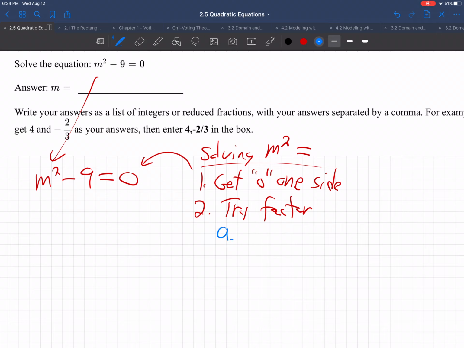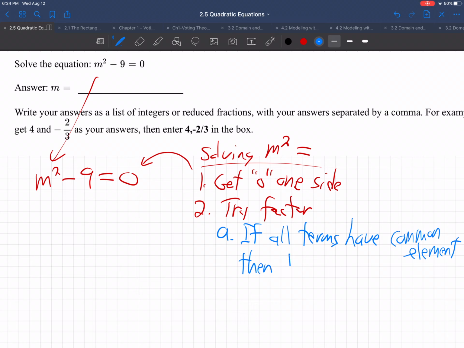Step A is, if all the terms have a common element, is there something in common?